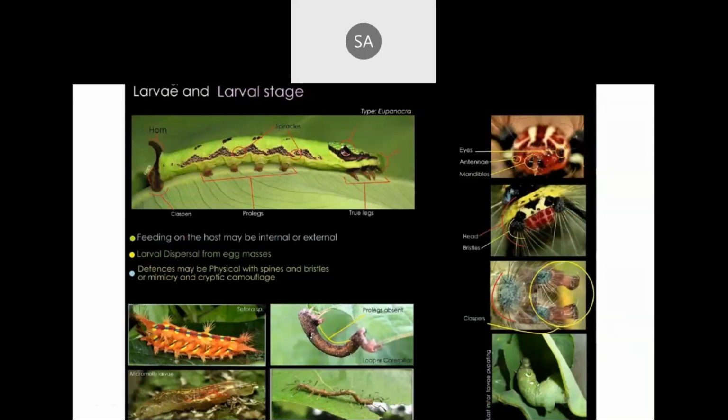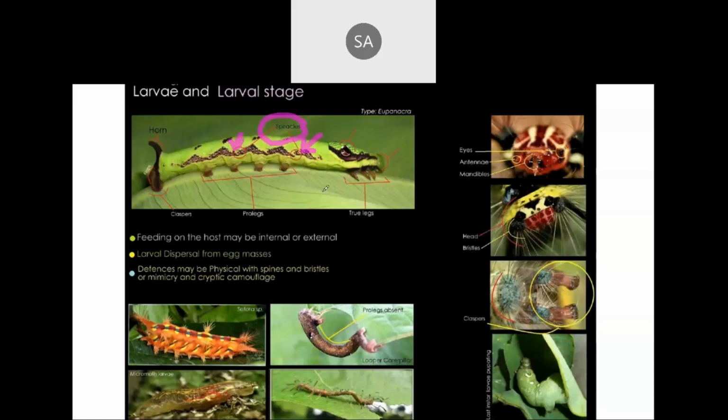So these are the different larval stages. We can see the larvae have different parts. The first one, we can see a horn. Then spiracles. These spiracles allow the larva to breathe or respire.